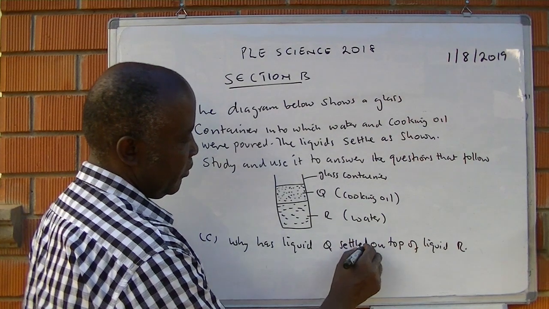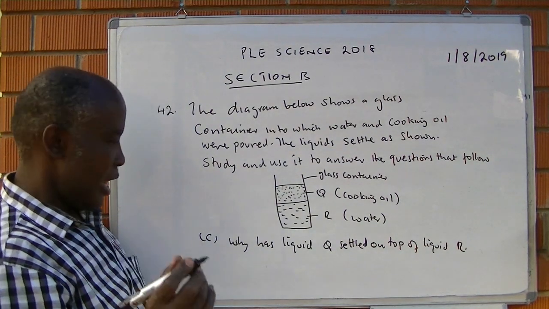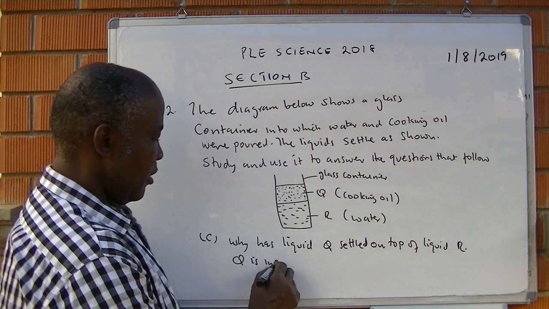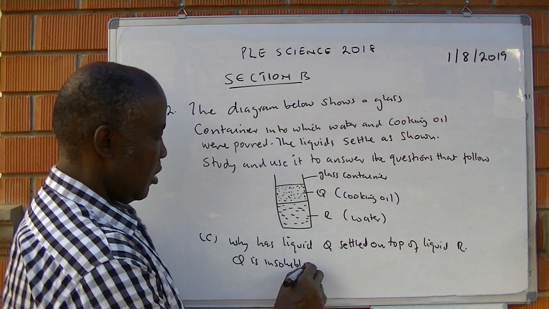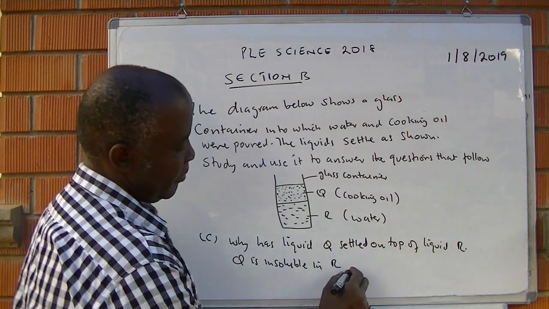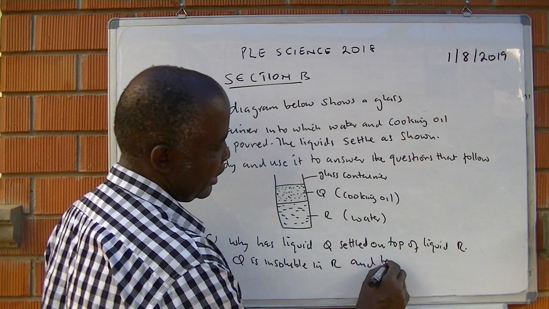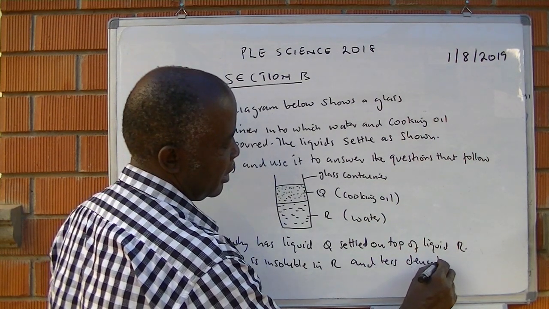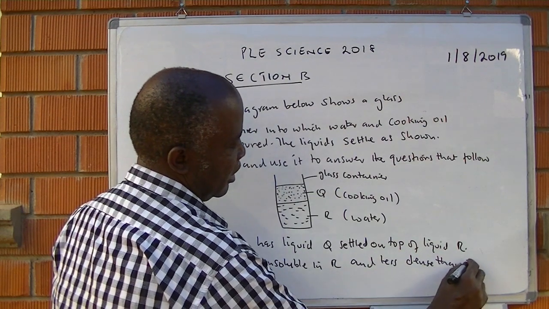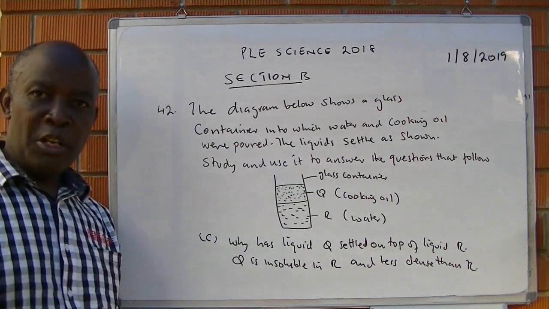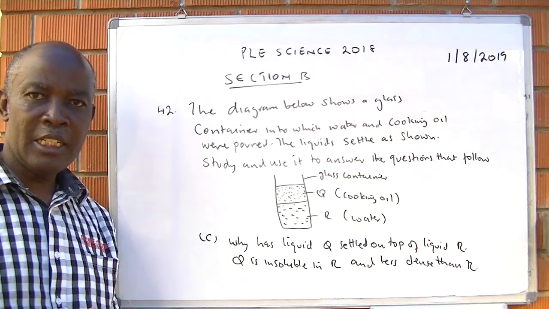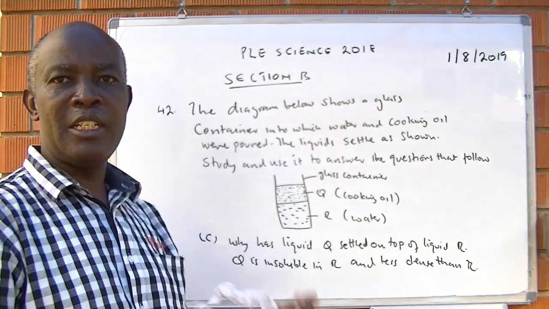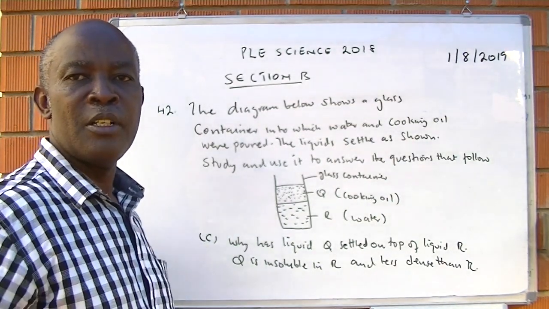C, why has liquid Q settled on top of liquid R? Q is insoluble in R and less dense than R. If it was soluble in R, they would have mixed to form a uniform solution.